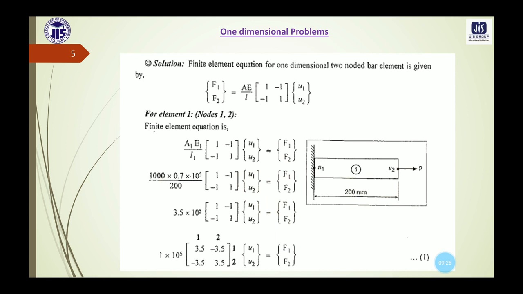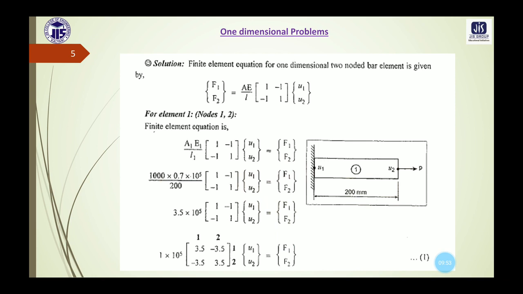Now if we put the values of the area, Young's modulus and the length for element 1, then after several steps we get equation number 1. So this is the mathematical representation of the finite element equation for element 1 considering nodes 1 and 2.